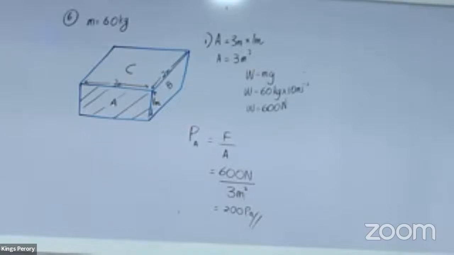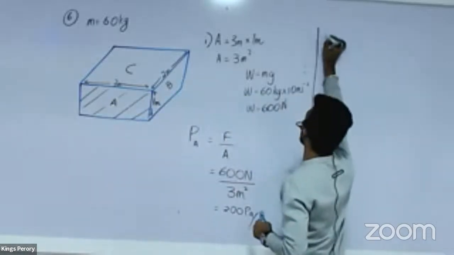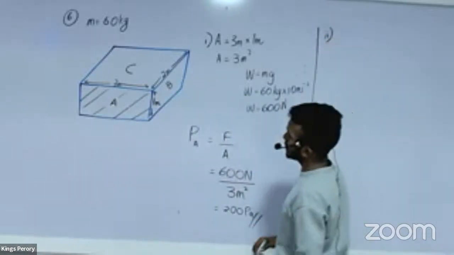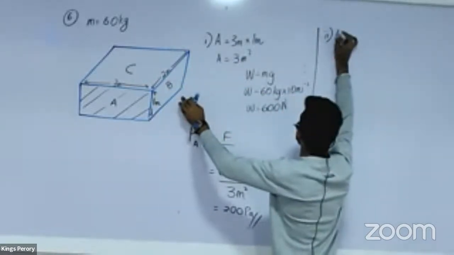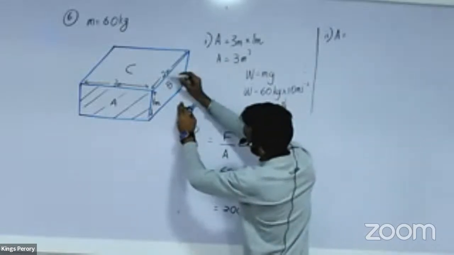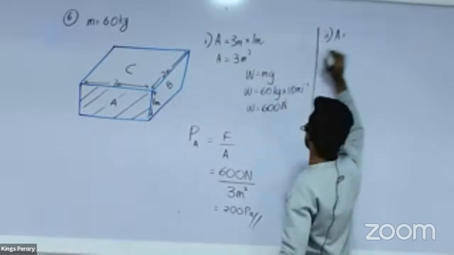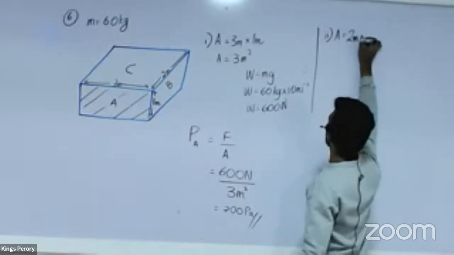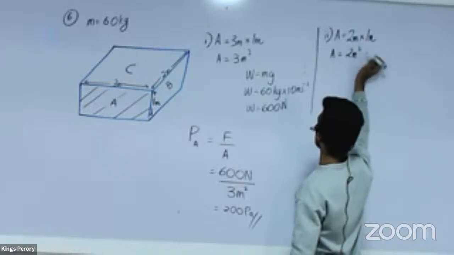Roman 2 done. Right. Roman 2: face B. This part, what's the area? 2 meter into 1 meter, no? How much? 2 meter into 1 meter. Area of B is 2 meter squared.